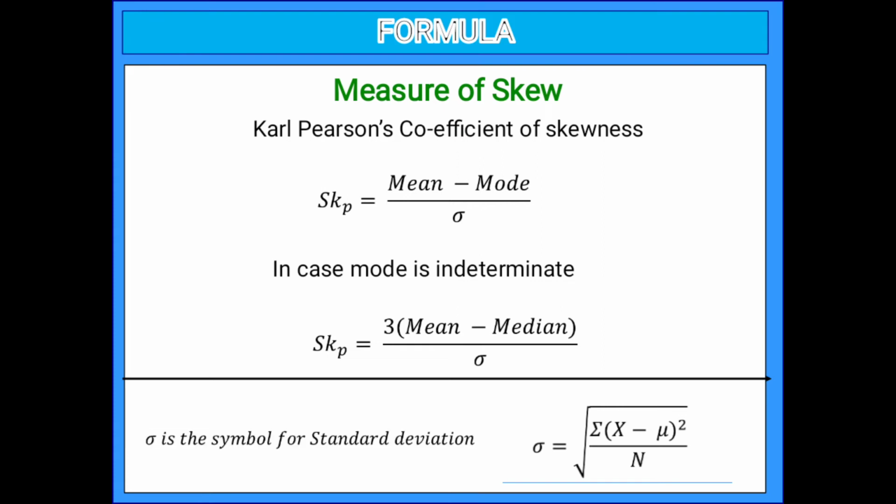So this is the formula for finding standard deviation, and this is the symbol for standard deviation. And as you can remember in our last topic, the standard deviation is the square root of variance, because the formula inside is the formula for finding variance. We just put the square root to get the standard deviation.